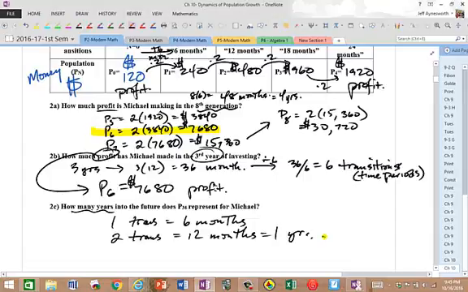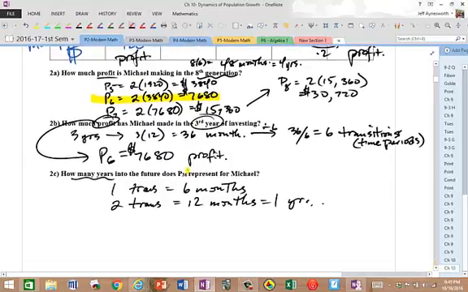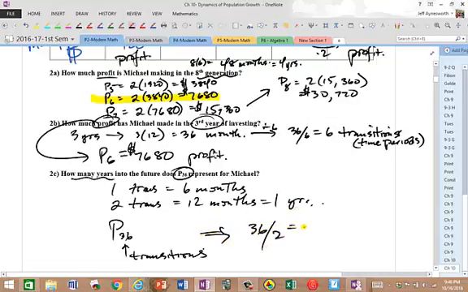So P sub 36, this is 36 transitions. Now we know that every 2 transitions is 1 year, right? So 36 divided by 2, that's 18 years. Because every 2 transitions equals 1 year, and if we're talking about 36 transitions, we have to divide by 2 to get the number of years.